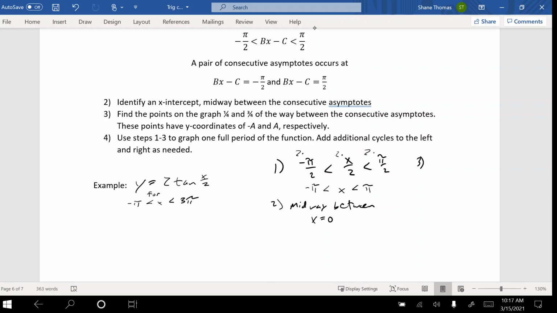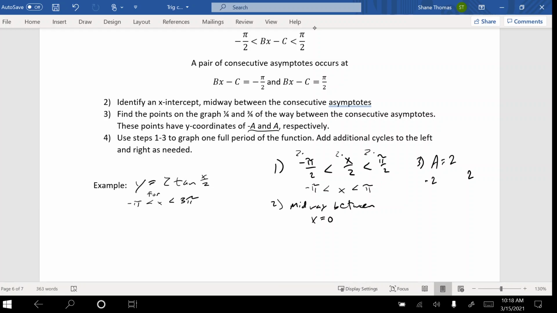Or the other way I could look at it is negative a and a. What's my a term here? It's 2, so I'm just going to make it easier on myself. A is 2, therefore I'm going to have negative 2 and positive 2 as my two y-values.